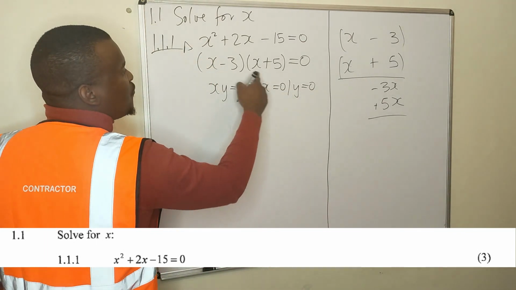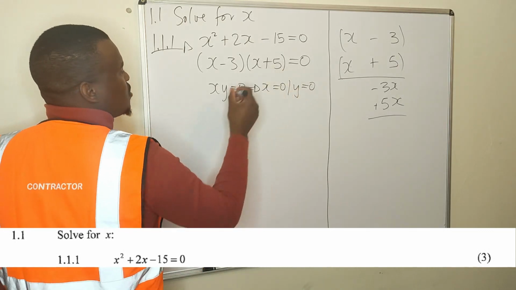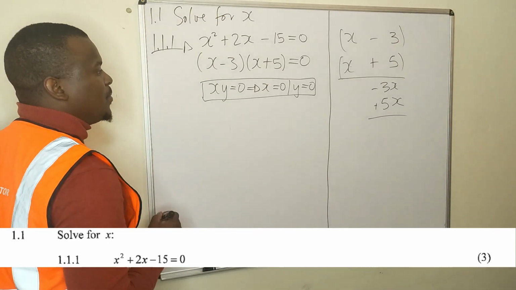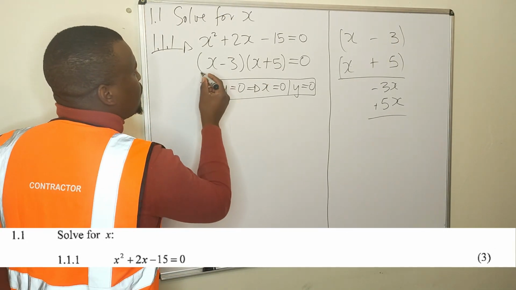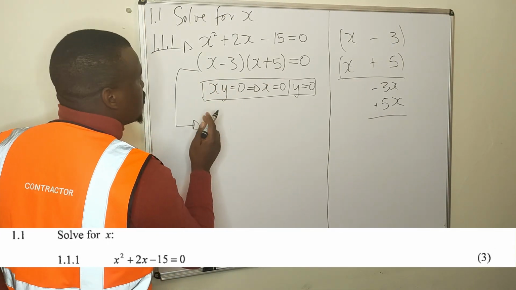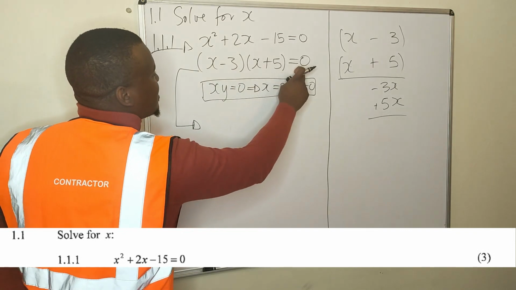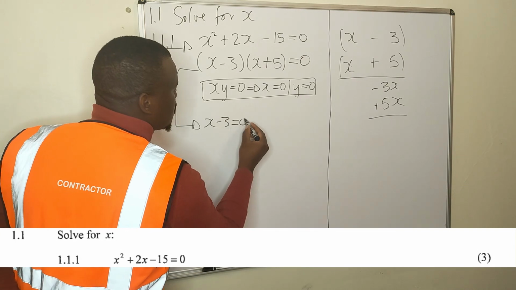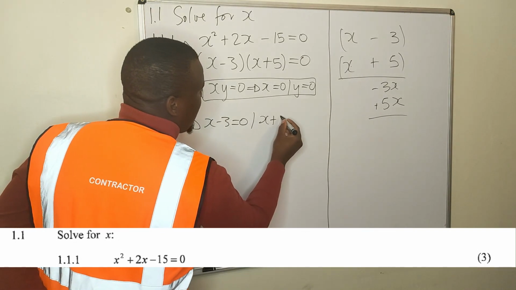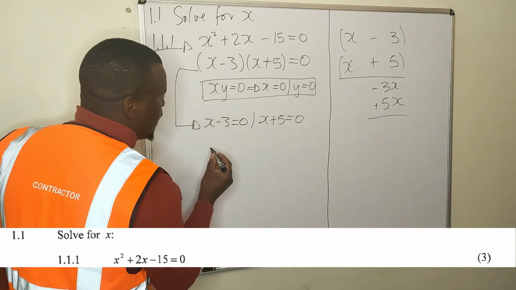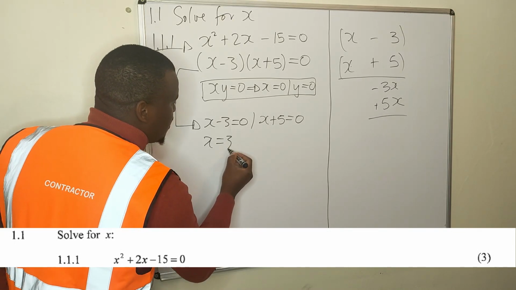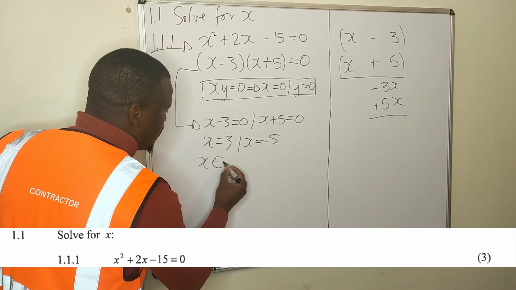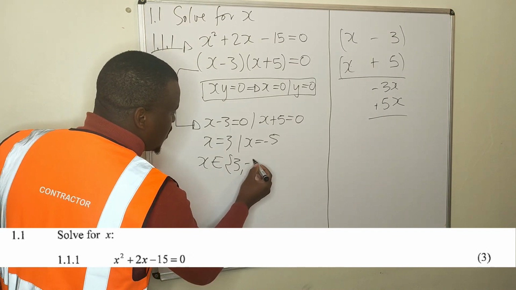So if you have this bracket times that bracket and the answer is 0, the possibilities are x minus 3 is equal to 0 or x plus 5 is equal to 0. That tells you that x is equal to 3 or x is equal to minus 5. So x is an element of 3 and minus 5.